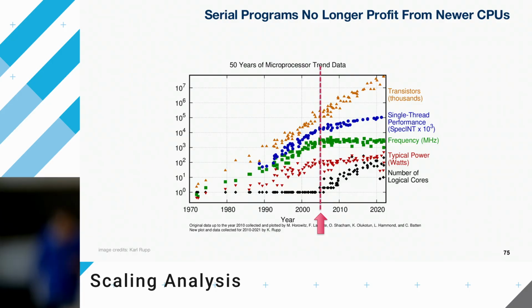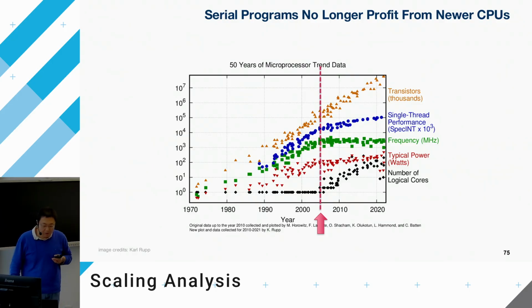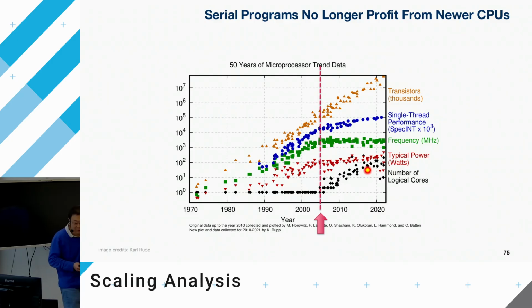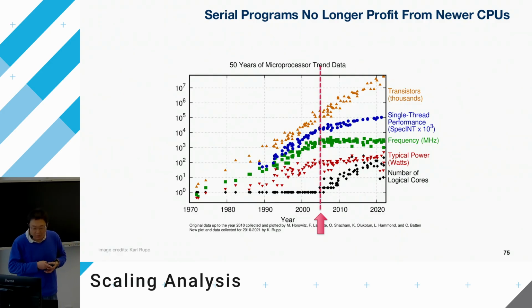Even nowadays, a laptop has maybe 4, 8, or even more CPU cores. For Noctua 2, the number of cores increased dramatically. So nowadays, if we want to continue this scalability, especially for your application, you really need to take into account parallelization, how to utilize more CPU cores, more compute nodes, etc.